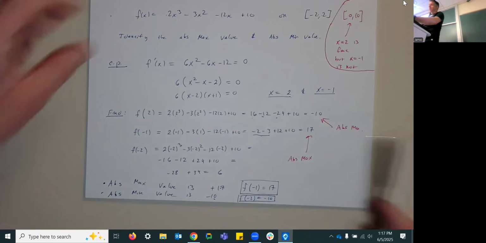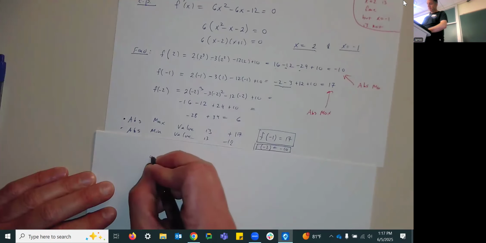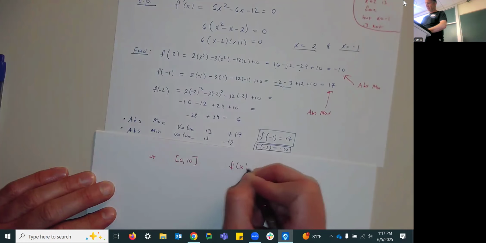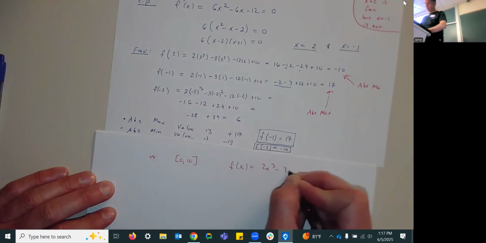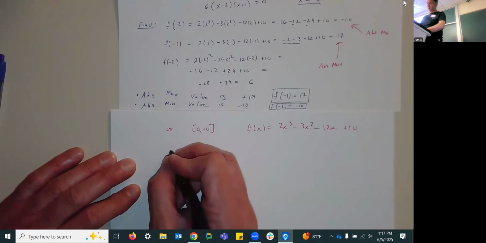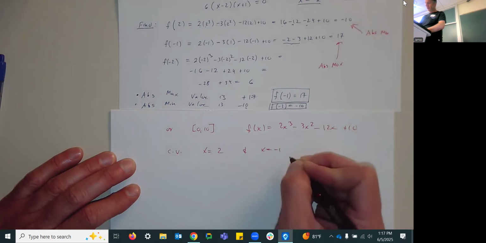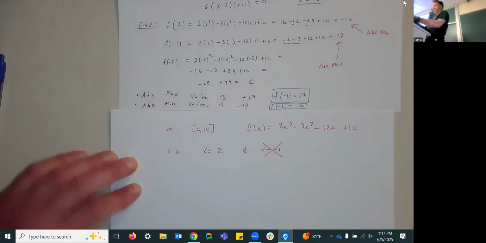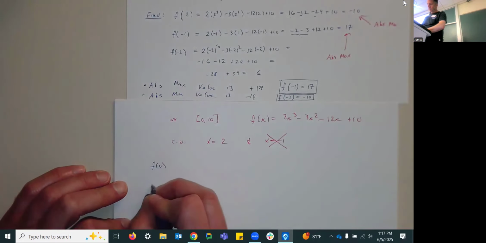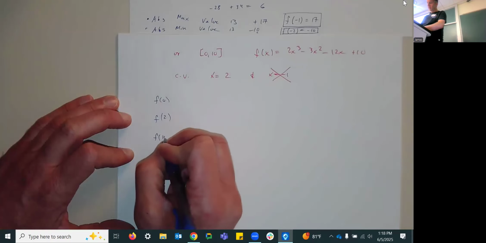Just to go off what I was thinking about the other one, if instead my interval was from 0 to 10, with f of x equal to 2x cubed minus 3x squared minus 12x plus 10, and critical values of x equal to 2 and x equal to -1, we wouldn't use x equal to -1 because it's not in the interval, and then we would check f of 0, f of 2, and f of 10.